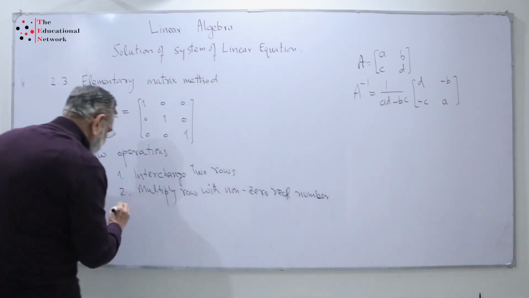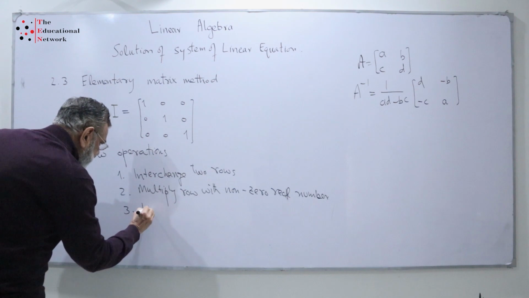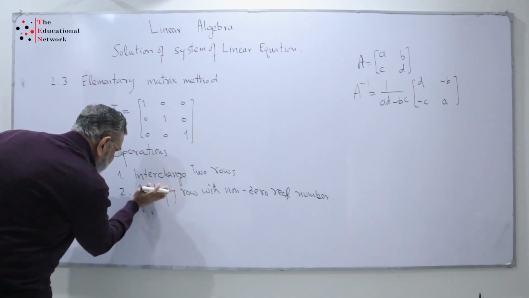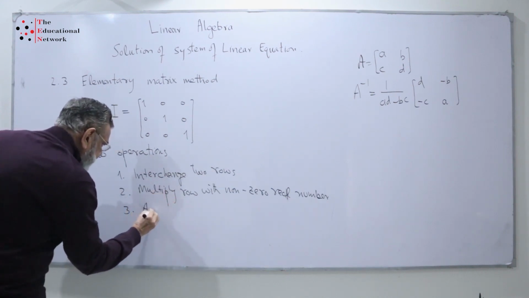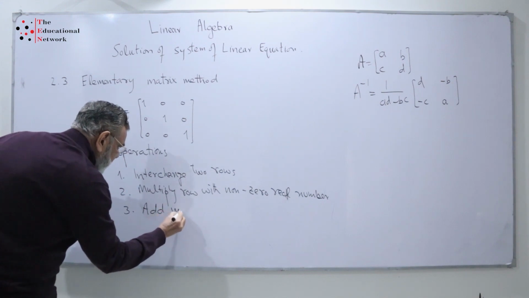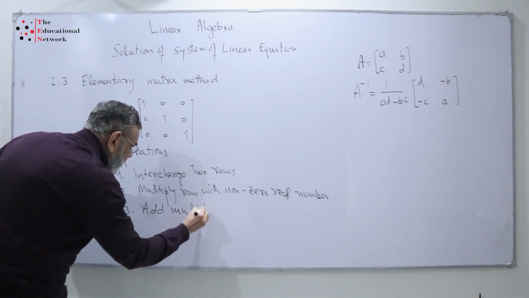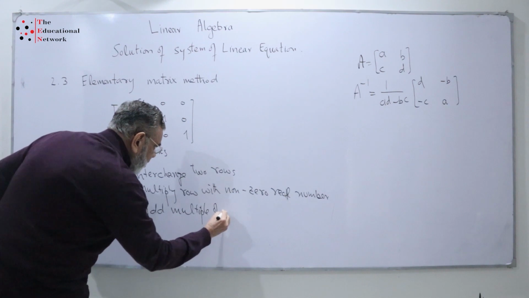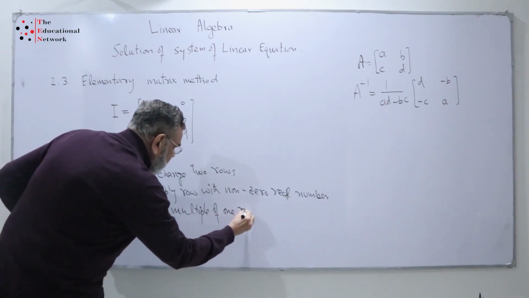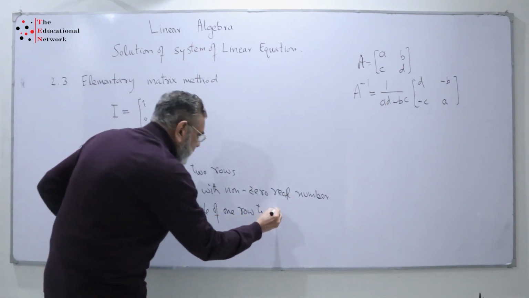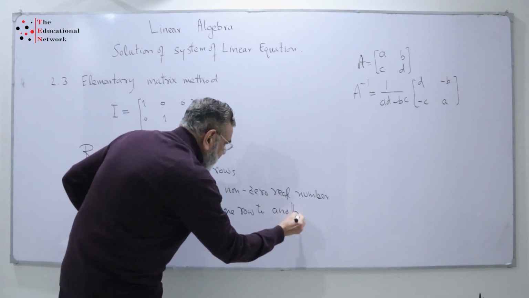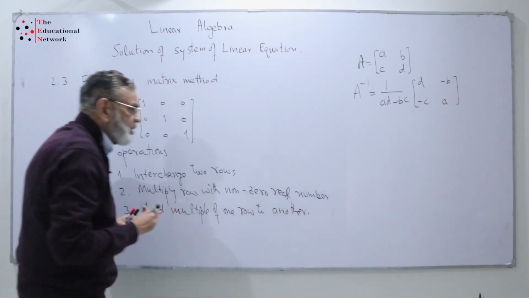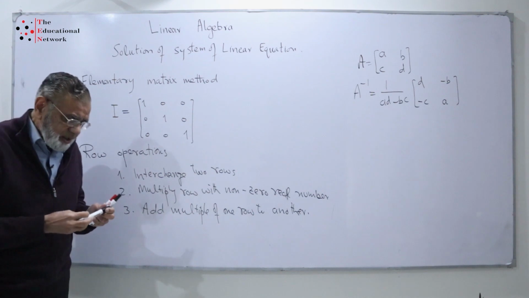And number 3, we can add a multiple of one row to another. And we discussed methods for using these to find the solution of a system of linear equations.